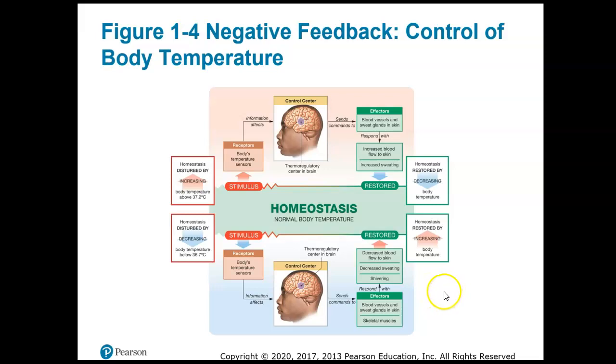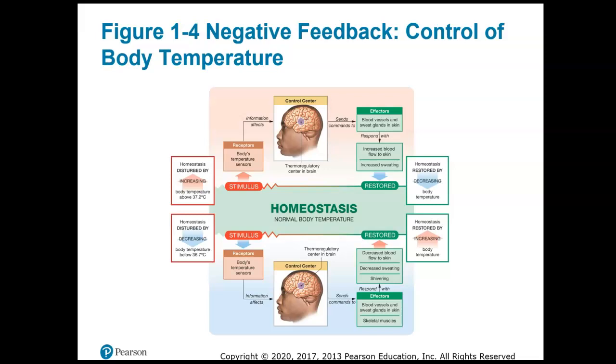In any of the conditions in our body that are maintained within a narrow range, like there's a healthy range where your blood sugar, your blood glucose levels, should be, that is maintained by negative feedback. Blood calcium levels are also important because too high or too low could actually lead to paralysis.